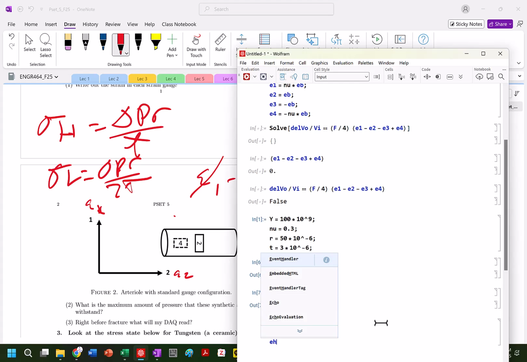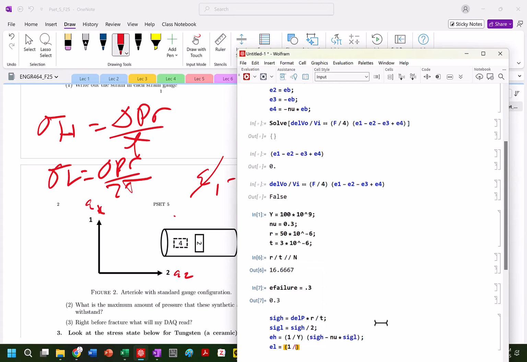I'm just going to say EH equals 1 divided by Y, sigma H minus nu times sigma L. And then EL equals 1 divided by Y, sigma L minus nu times sigma H.